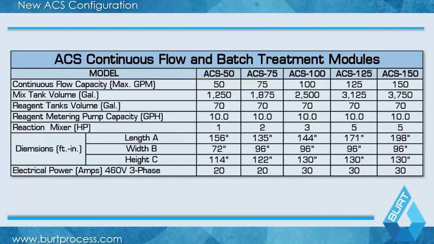The standard for these runs from 50 GPM to 100 to 150 gallons per minute. This information is all available on the website for those who are interested. These range obviously a little bigger than the PHX, but again, they're designed for that more integral volume.